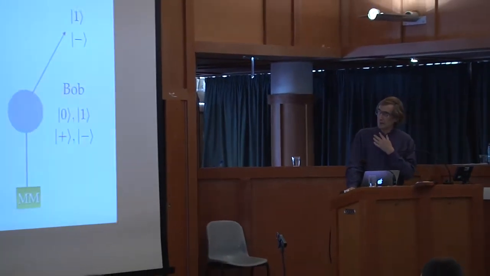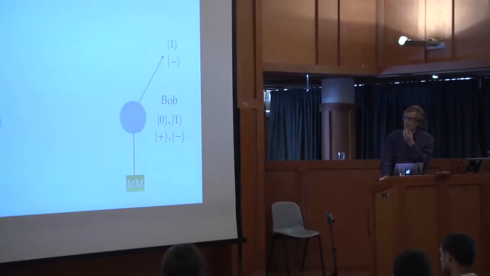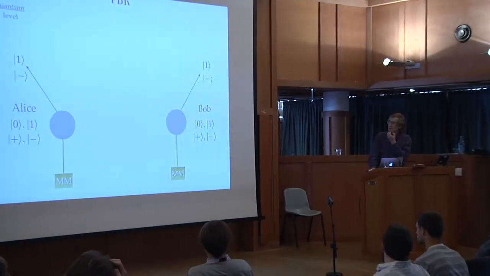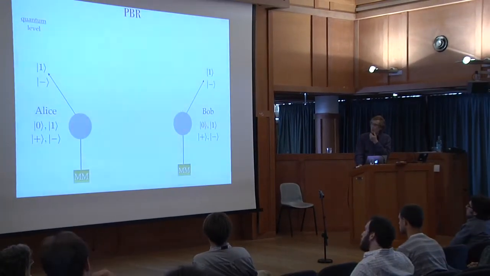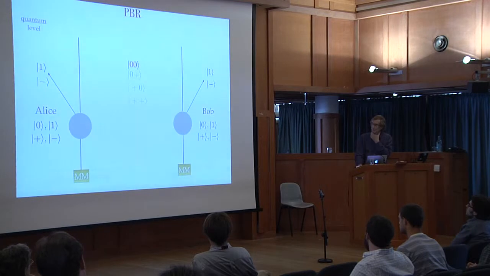And one could also contemplate doing the PBR experiment, starting off with maximally mixed states. Here Alice and Bob could randomly do 0, 1, plus, minus measurements. To deal with the PBR case, where you've got 50% overlap, they just chuck away those results and send forward the results where either one of them got zeros or pluses.